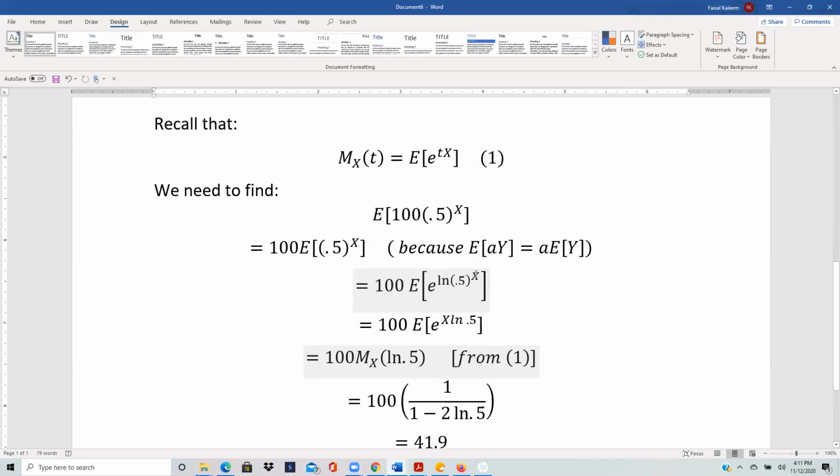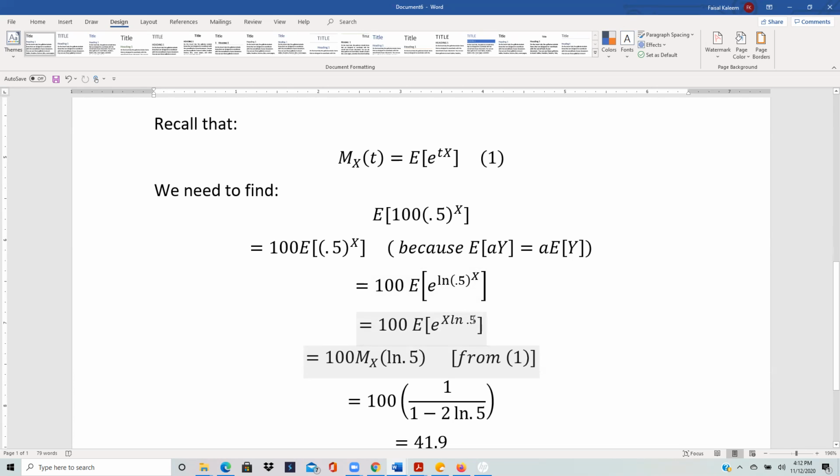Now, using the log property, this x in the power can be brought out as a coefficient, and so it would be e power x ln 0.5. And now if you compare this with e power x times t, this is e power x times ln 0.5.